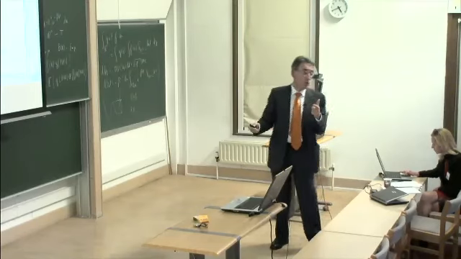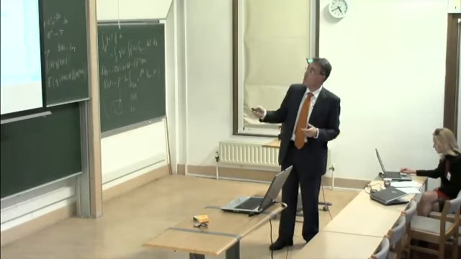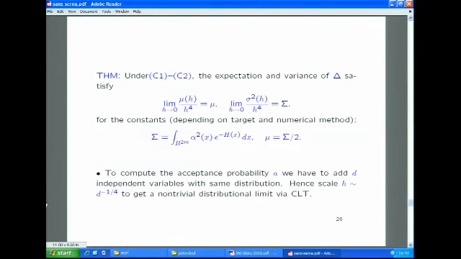So when both of those conditions hold, I can prove this theorem. If C1 and C2 hold, then the expectation and variance of this delta, which is the increase in energy for a single particle, they both behave as h to the fourth, in the sense that as I decrease the step length in the Fairley, mu over h to the fourth approaches a limit, and sigma squared, which is the variance, over h to the fourth approaches a limit.